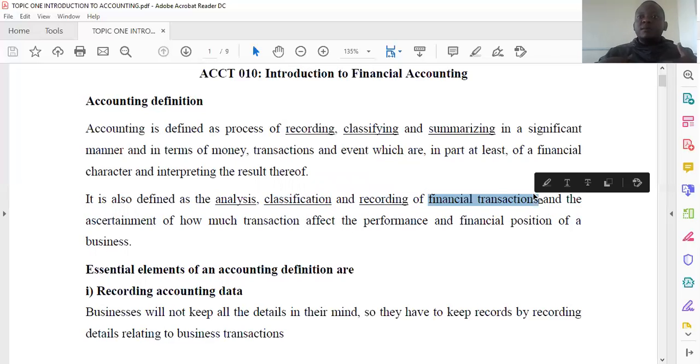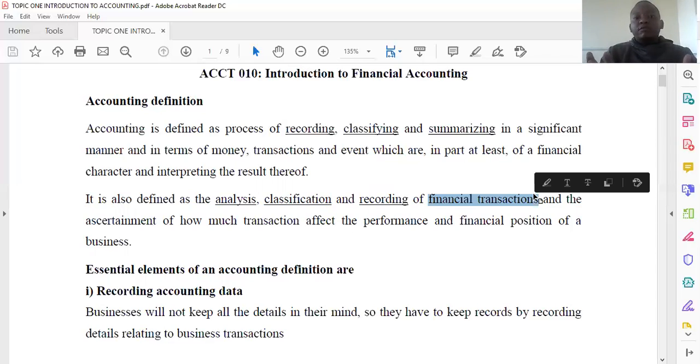So there are some key terms that should not be missed in a proper definition of accounting. It's a process of recording, classifying, and summarizing business transactions, and reporting the impact of these transactions to a business.